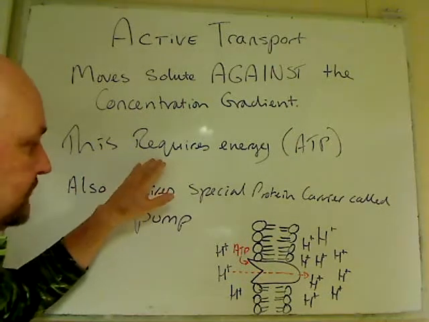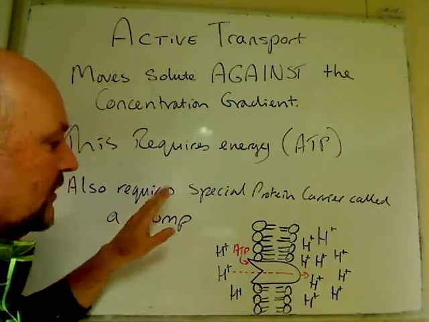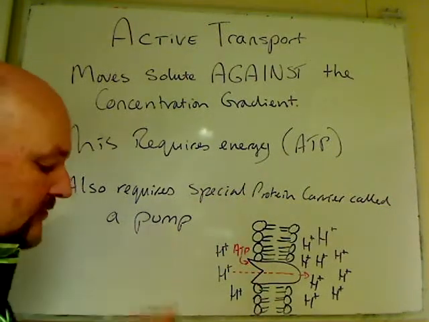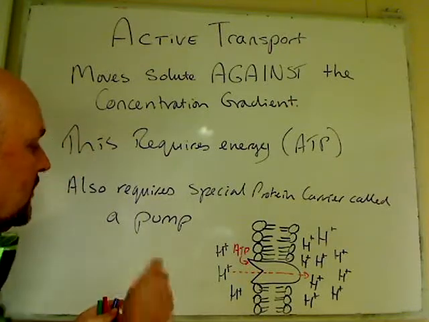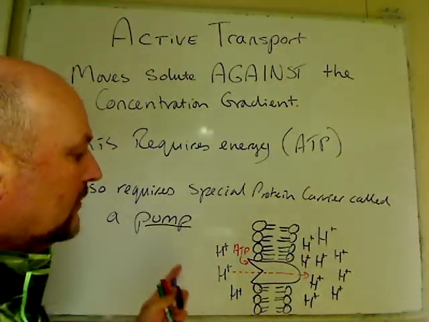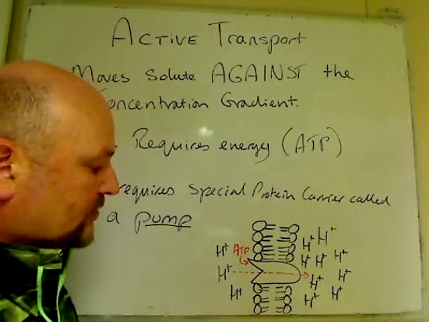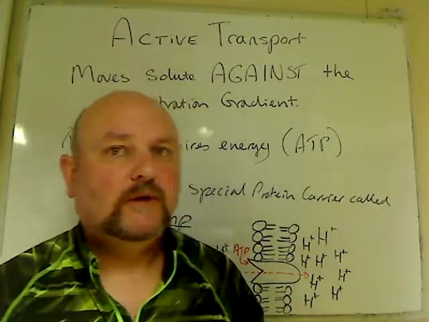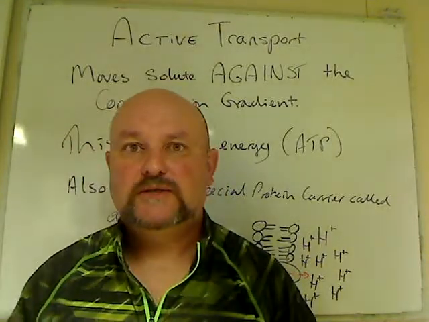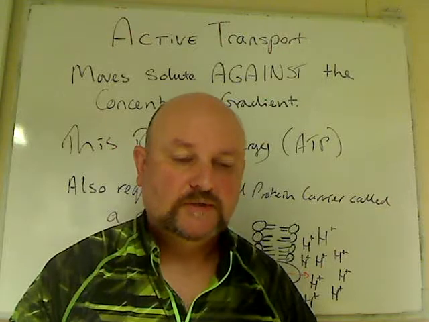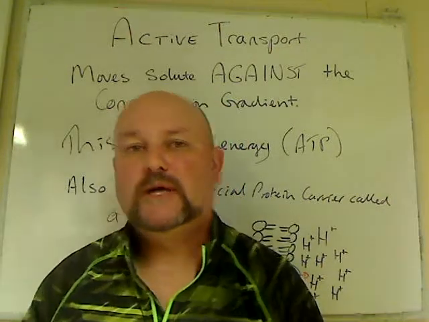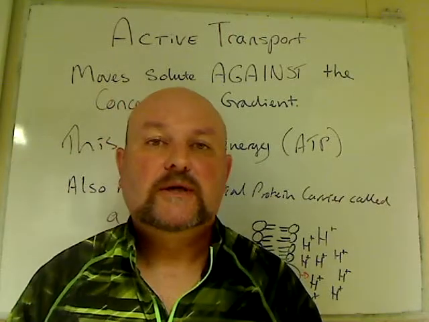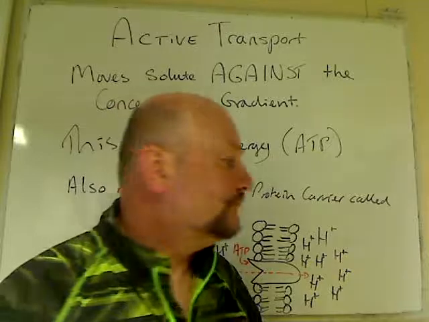So it requires energy, and it also requires a specialist protein carrier, and these protein carriers are referred to as pumps, because they are literally pumping the solute across the membrane using energy in exactly the same way as, say, your sump pump in your basement. You switch the electricity on, it's taking water from where you don't want it but is in low concentration and pumping it out into a higher concentrated water area, but it's in the drainage ditch.